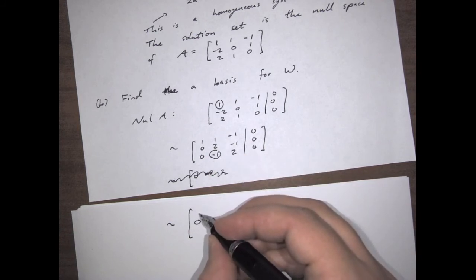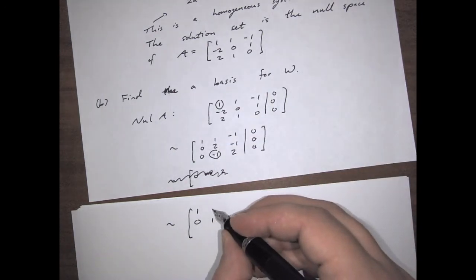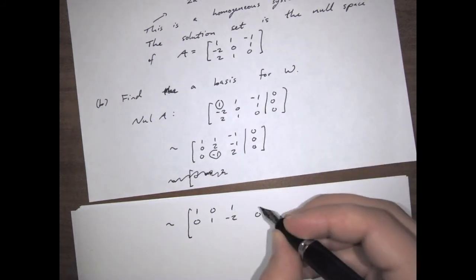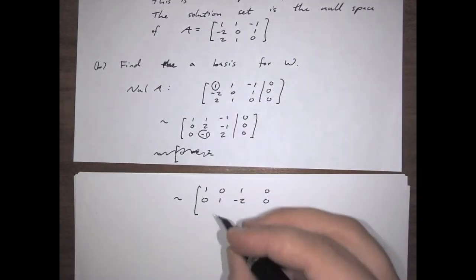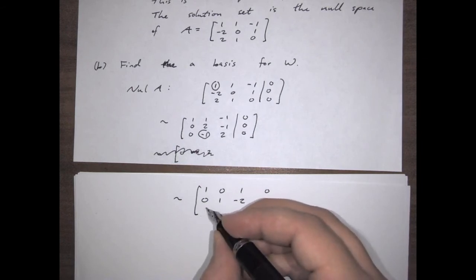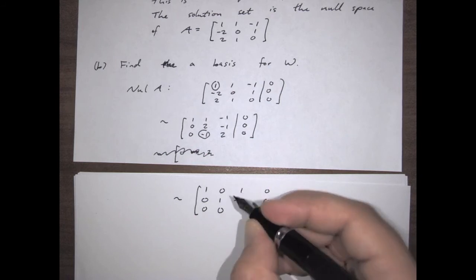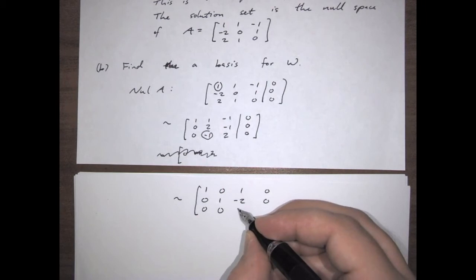You don't necessarily need to show everything, as long as at every stage what you are writing is in fact row equivalent, that's good enough for us. And then clearing that one, it's going to be adding 2 times it, so that's going to be 0, and then 4 plus negative 1 is going to be 3.